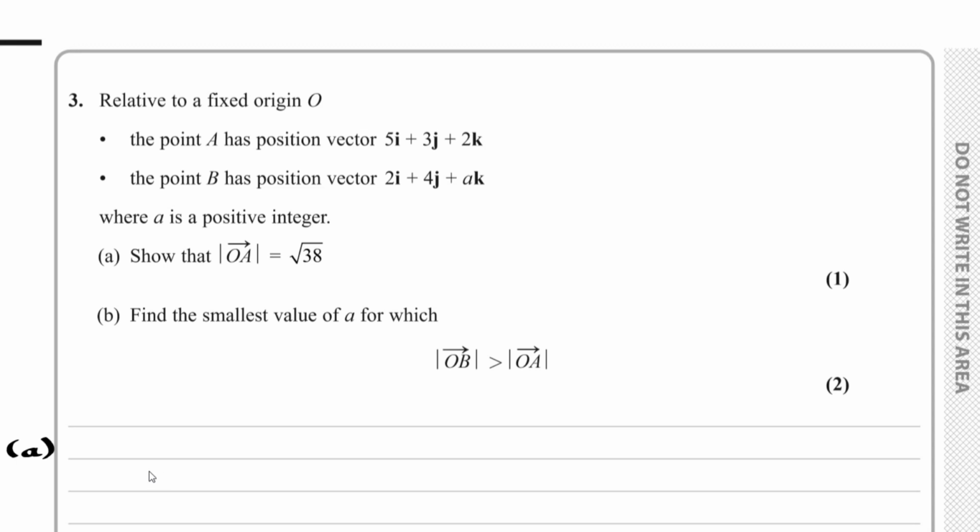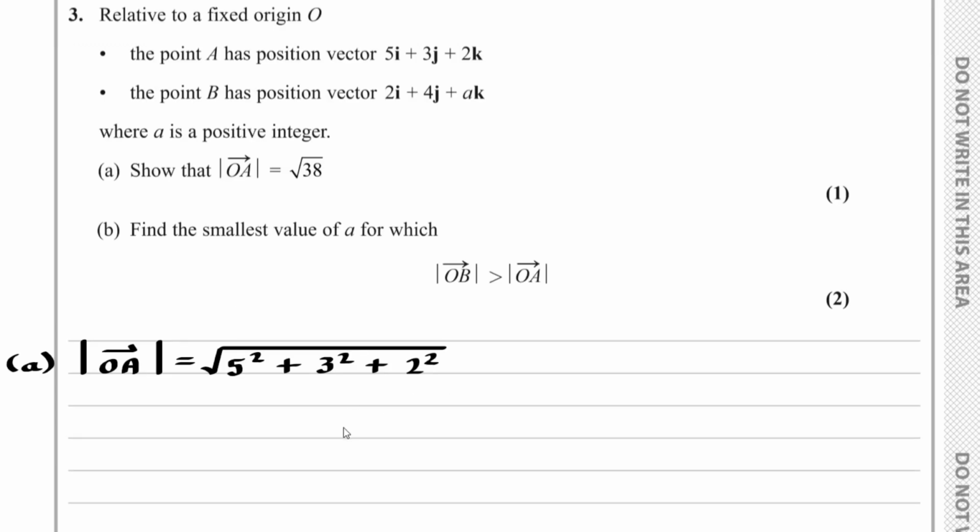So for part A, the absolute value of OA is equal to the square root of 5 squared plus 3 squared plus 2 squared. And if we work this out, 25 plus 9 plus 4, that's 38.